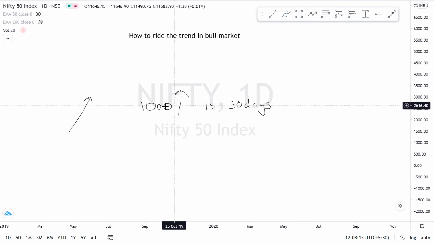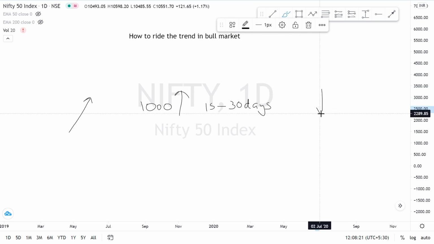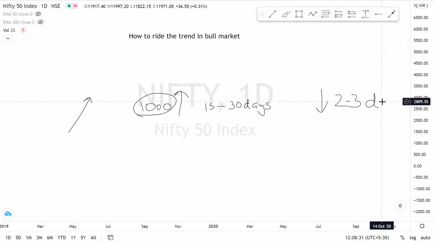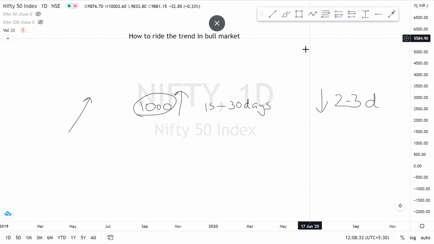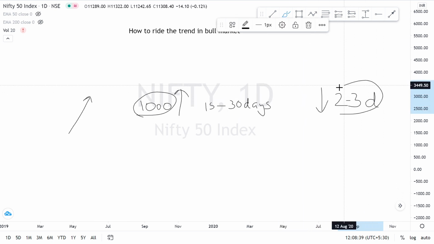If the market is bullish, a 1,000 point gain in Nifty would take 15 to 20 days. But if there is a correction and Nifty comes down by 1,000 points, this same gain is lost in 2 to 3 days. So the corrections in a bull market are fast and furious, but it goes up slowly and falls down quickly. This 2 to 3 days phase is where most of the traders lose money.